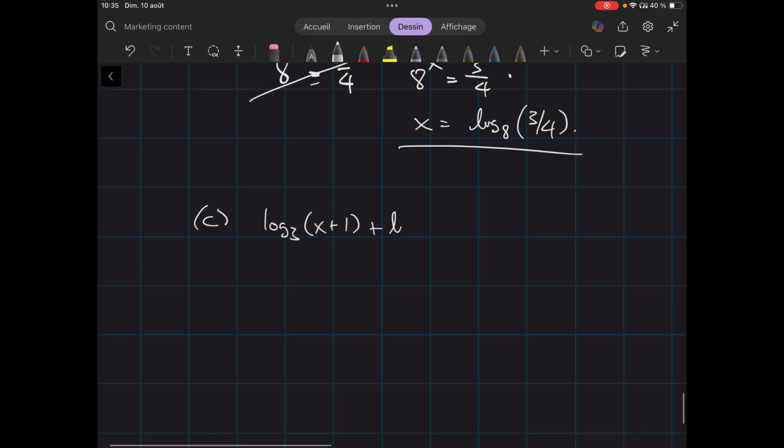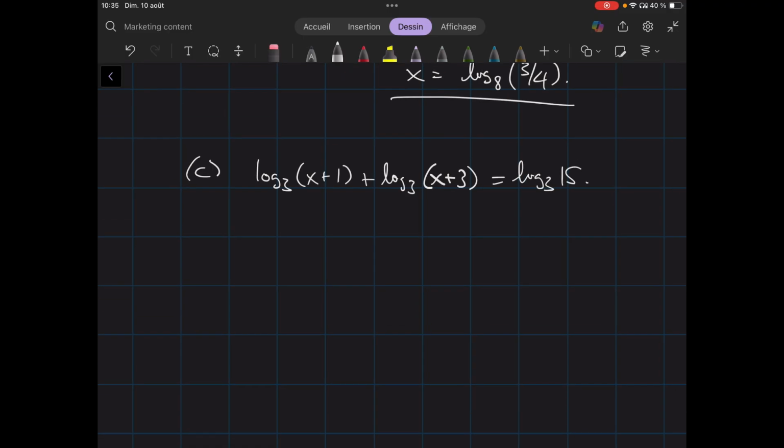Part C. When dealing with logarithms, please be very careful with the domain. If you're like me, you would write down the domain or the restrictions before solving the equation. So in this case, x has to be greater or equal to -1 for this term to exist, because if this is the case, then this term would exist without problem.